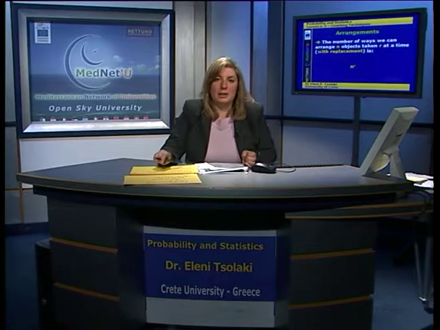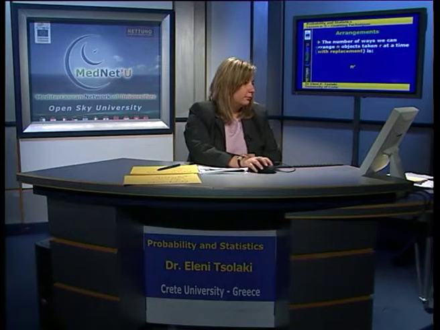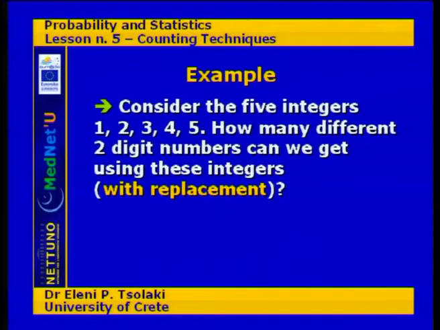Let's go back to see an example using this technique. In this case, we consider again the 5 integers, 1, 2, 3, 4, 5. We want to see how many two-digit numbers we can get, but this time with replacement.